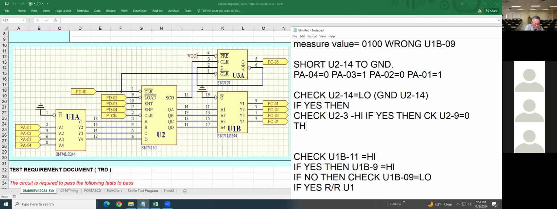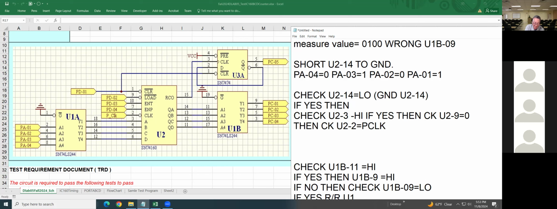Then check pin equals BCLK. Correct? Yes. Yep. Okay.